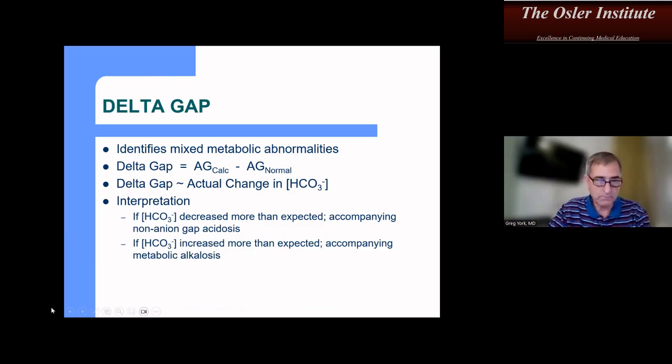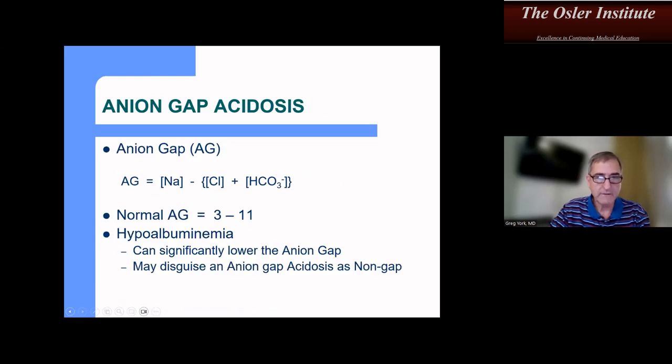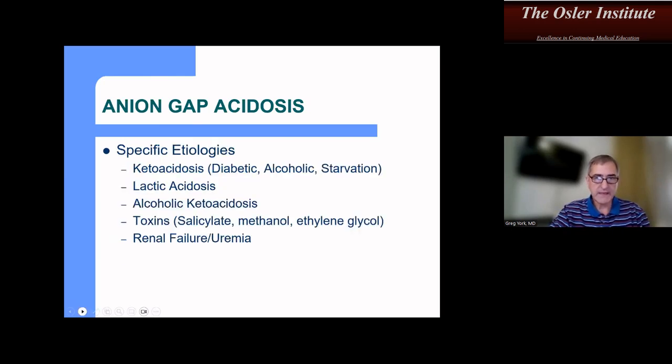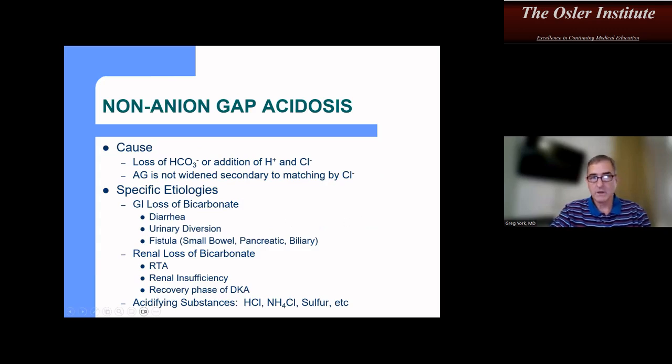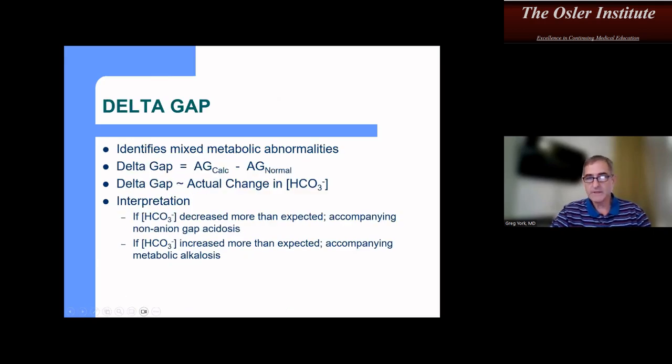Okay, so back up here for a second. We have the anion gap, okay? And we calculate the anion gap. If it's abnormal, we call that an anion gap acidosis. If it's normal, we call that a non-anion gap acidosis. Now, within these acidoses, you can have mixed metabolic pictures, and that's where the delta gap comes in.